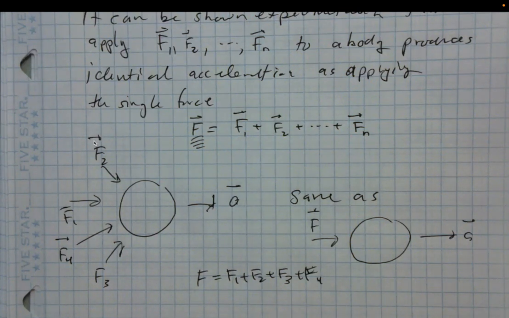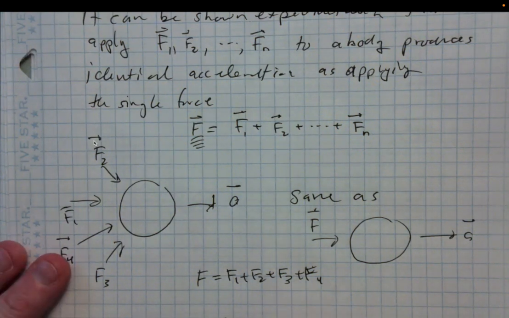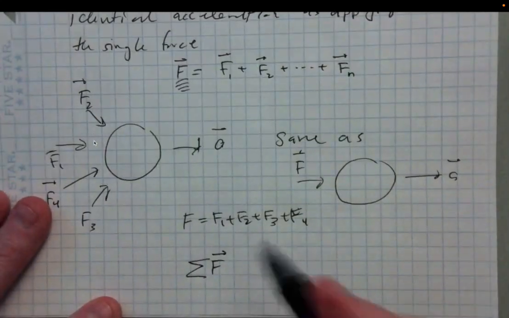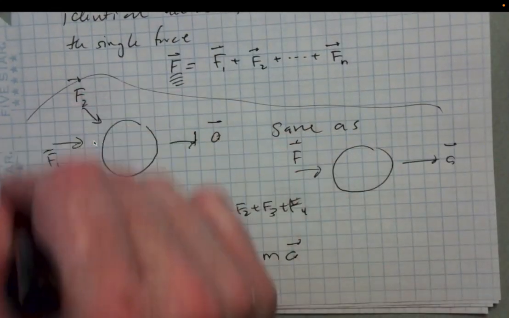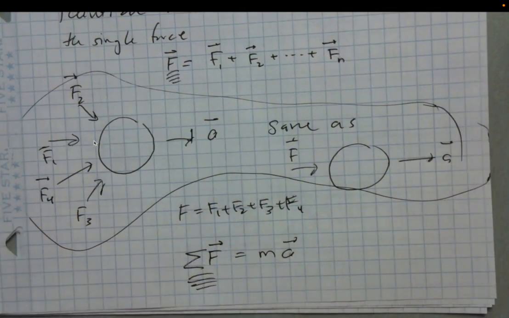Right? And so this is really what is being accomplished by the left-hand side of Newton's equation when he says the sum of the forces. This piece here is really just this fact that I can apply a bunch of forces individually, or I can sum them all up and apply them as one net force, and I get the same acceleration.